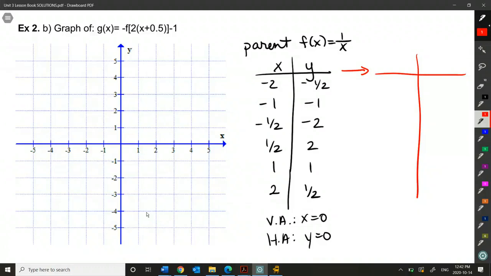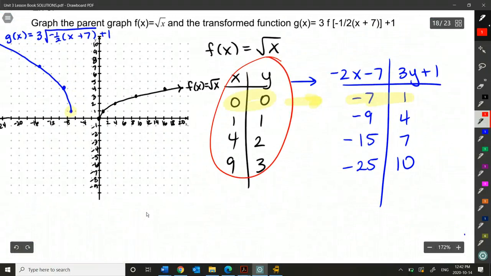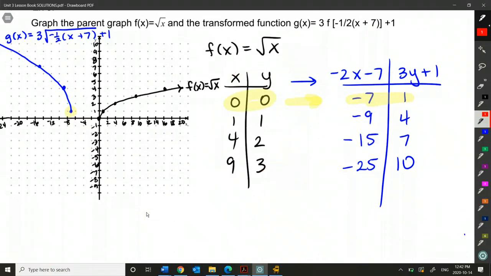So if my parent function was root x, I would use these key points instead. I mean, you should probably know what are some good x's to choose, and you can always get your y's. So you don't have to memorize the y's that go along with that. If you know the function is root x, if you know 0, 1, 4, 9, then you can just square root them and get your y's.